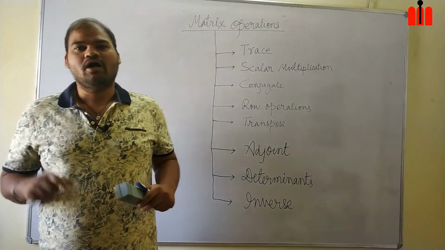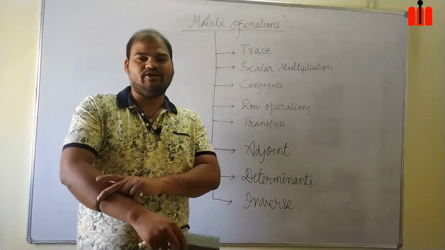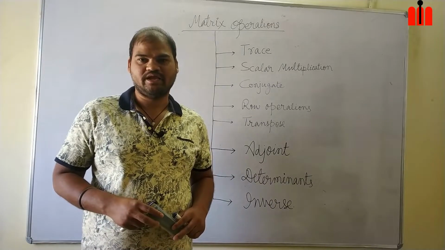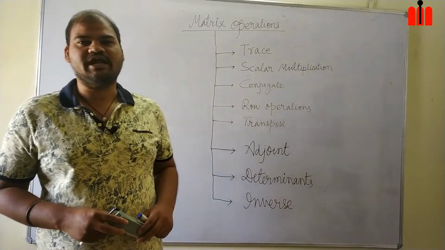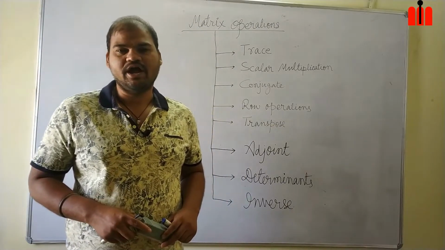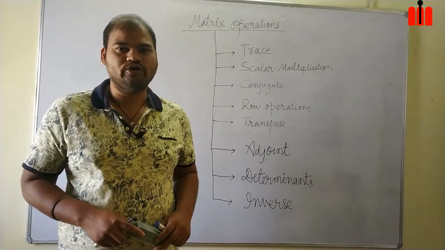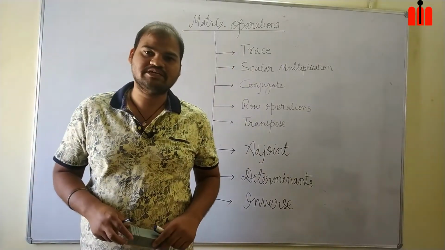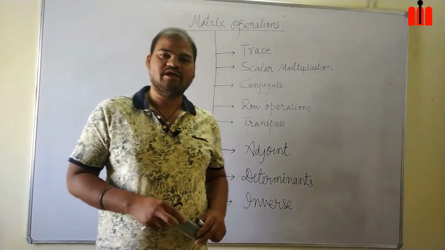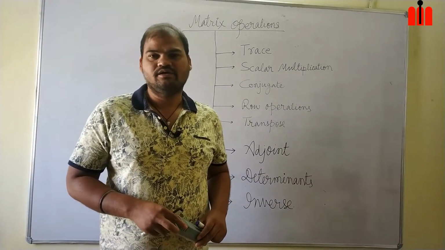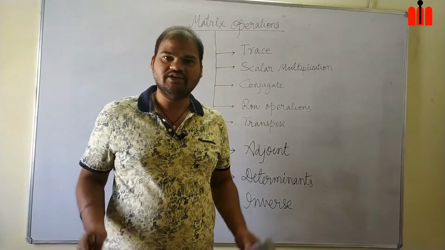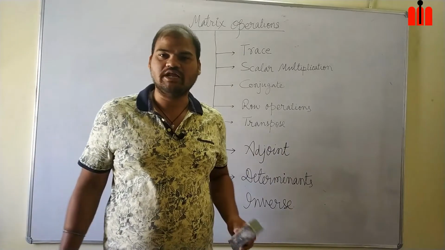Now, what is the content of this detailed explanation class 2? In detailed explanation class 1, I had set the roadmap for how we will look at these matrix operations. We had divided the matrix operations into two parts.